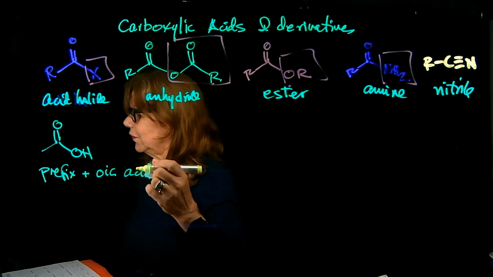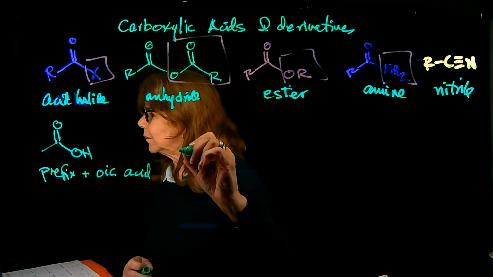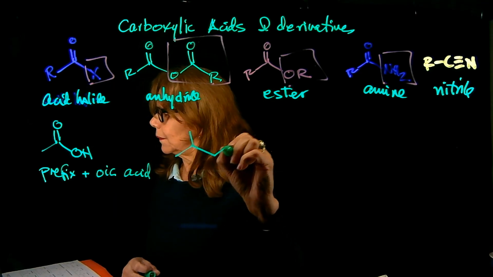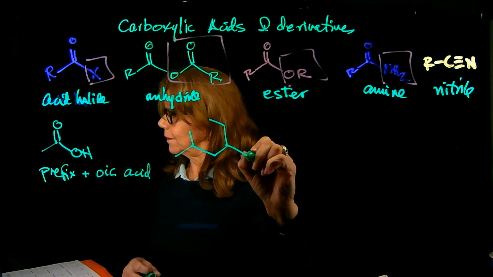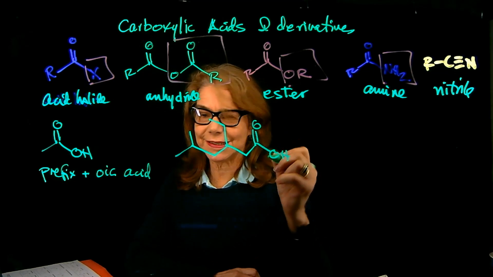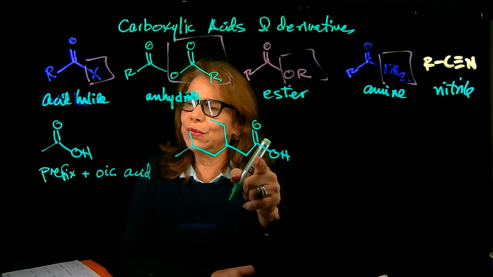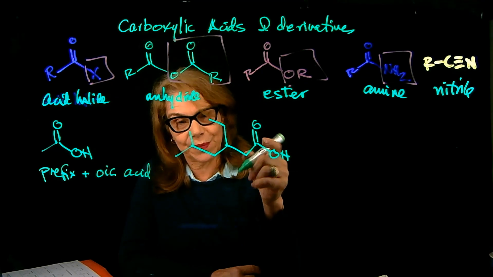And let's do one example of that. Here we have, so when you're doing this, let's number the chain, assigning number 1 carbon to the carbonyl group in the carboxylic acid.